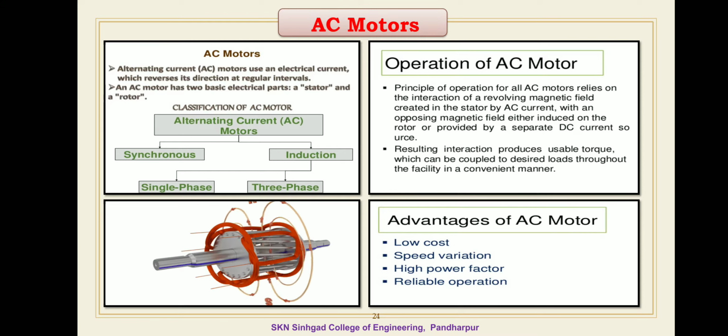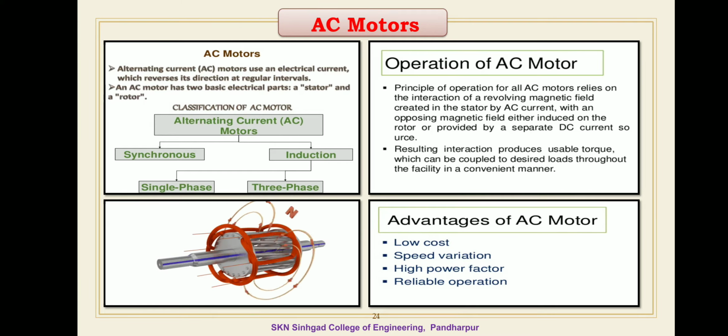In the working principle, when a current is supplied to the stator winding, it sets up a rotating magnetic field in the stator. This rotating magnetic field causes a magnetic field to be set up in the rotor also. The attraction and repulsion between the two magnetic fields causes the rotor to turn. So this is the simple working principle of an AC motor.